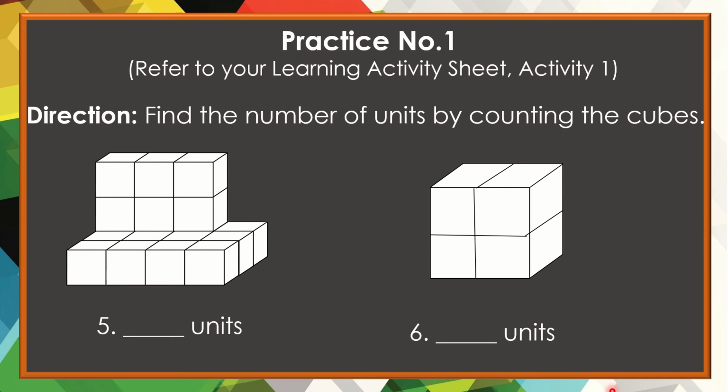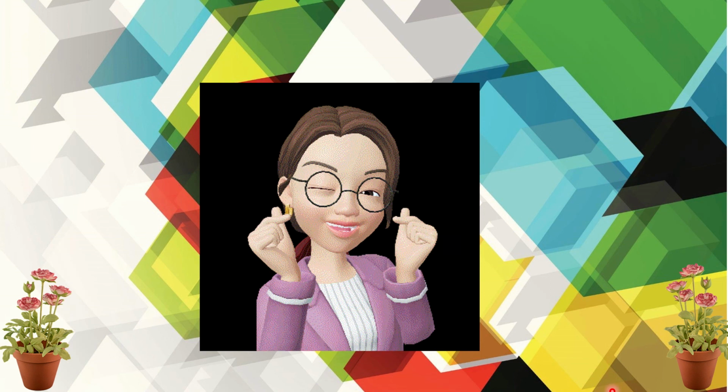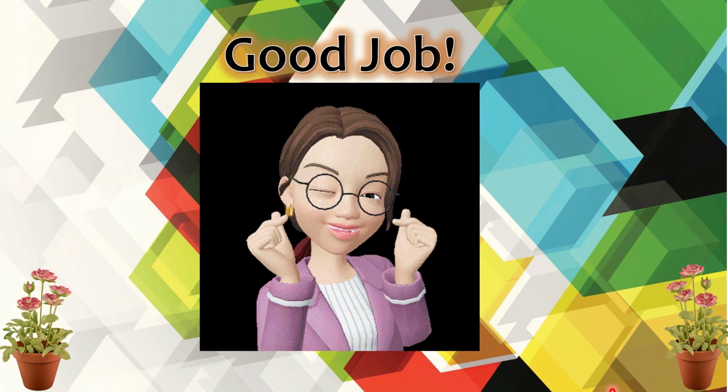So, the answer is, yes, 18 units. How about number 6? For number 6, it is easy, we only see the front. What is in front? That would be 4 units. Correct. Good job, everyone.